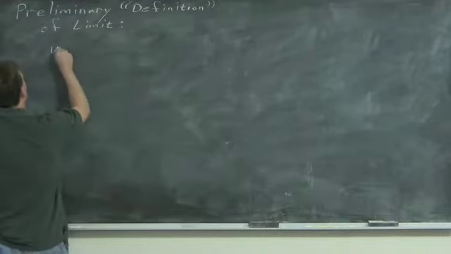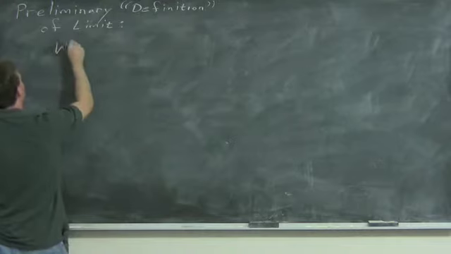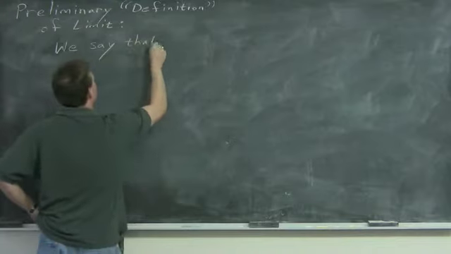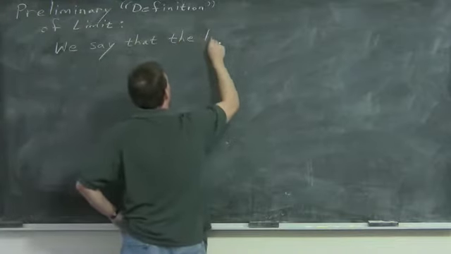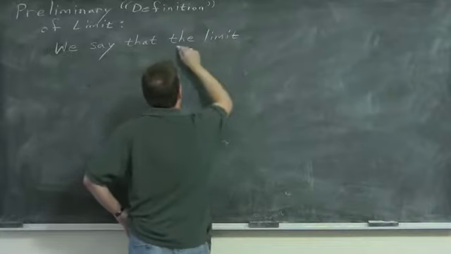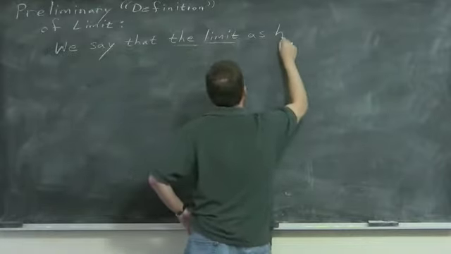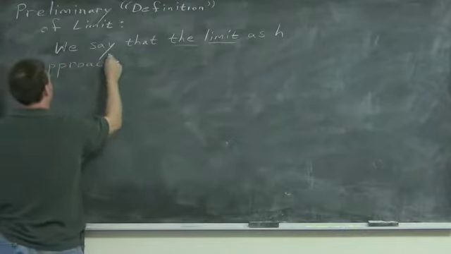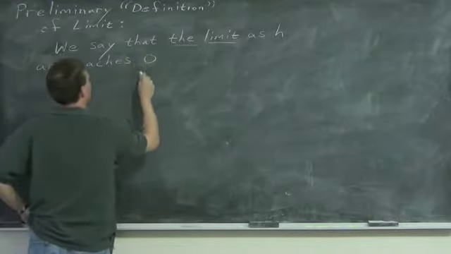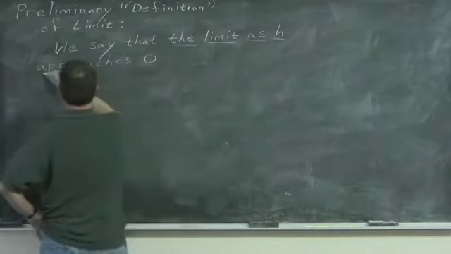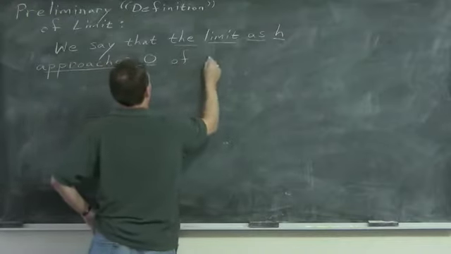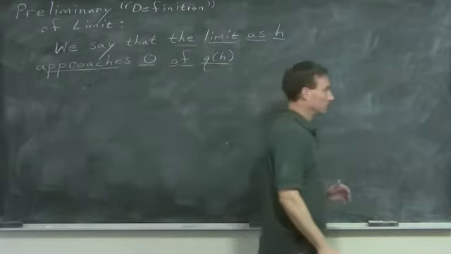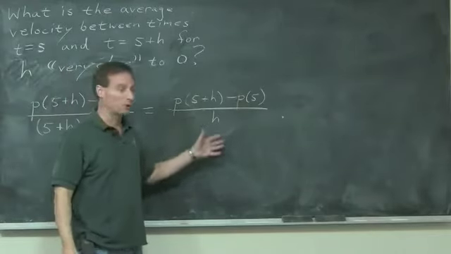So we say that the limit as h approaches 0 of Q of h. Think of Q of h as being this kind of quotient.